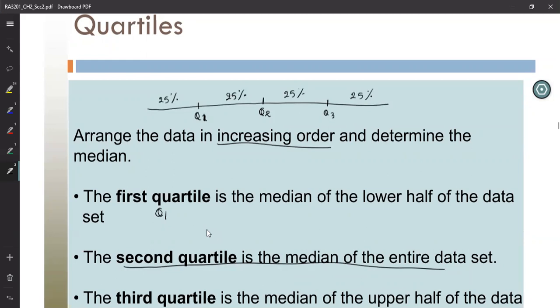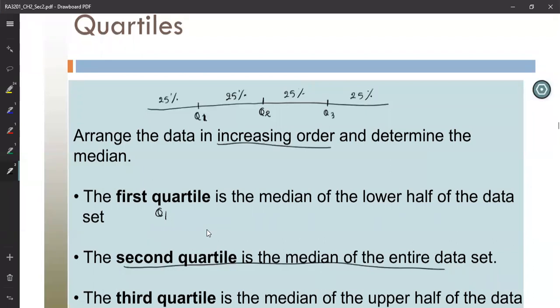At the median, you have the lower 50% of data to the left and the upper 50% to the right. At Q3, to the left you have the lower 75% of data, and above it you have the upper 25% of data.